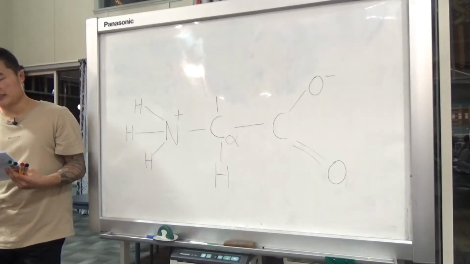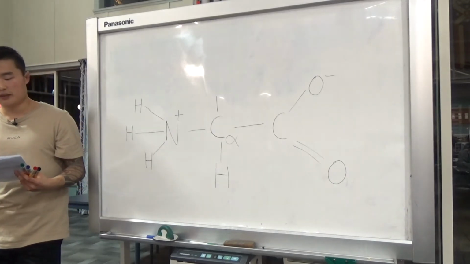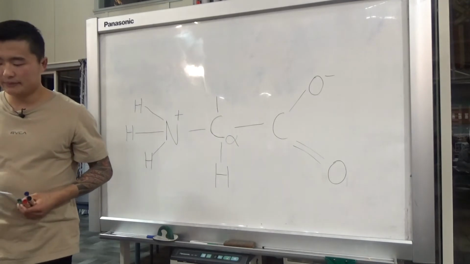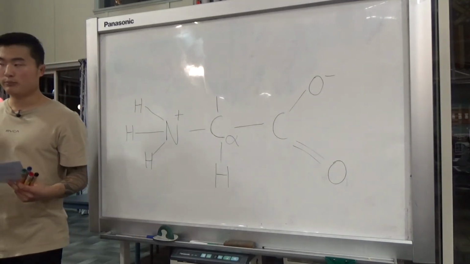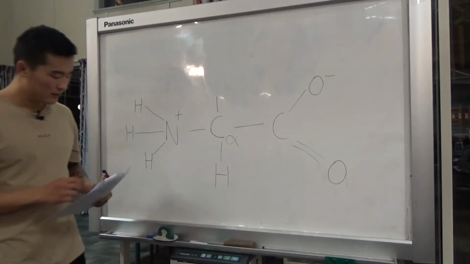But tryptophan, which is a nonpolar amino acid, also contains nitrogen, but it's not basic. The nitrogen group usually accepts an extra proton at physiological pH, and so it's going to be positively charged.